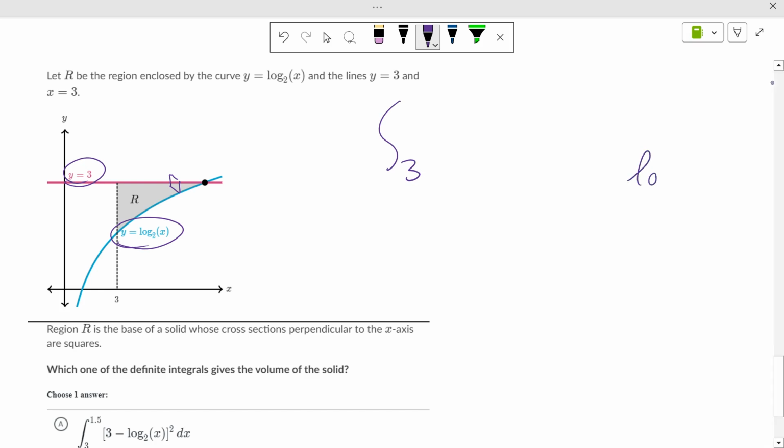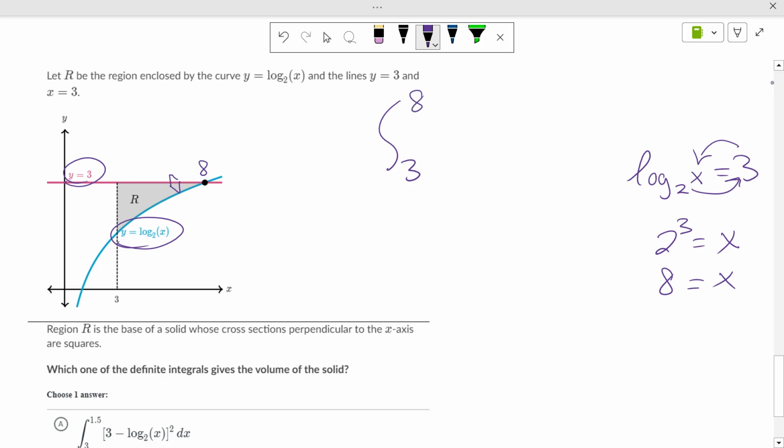So the log base 2 of x has to equal 3. So how do we do this? Well, when you're dealing with logarithms, if you put them in exponential form, this to this power equals this. So 2 to the third power equals x. So what is x going to equal? 8. So this happens at 8, an x value of 8.